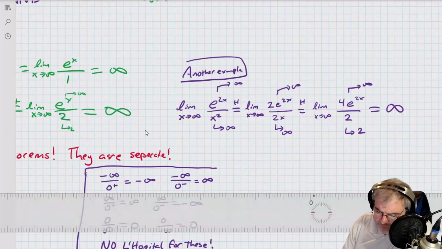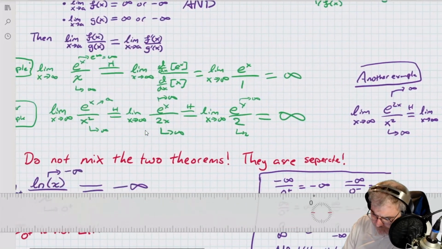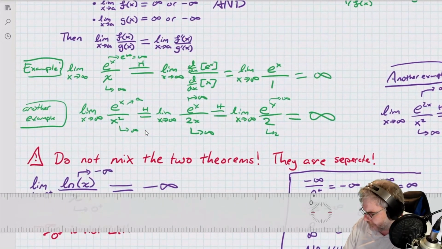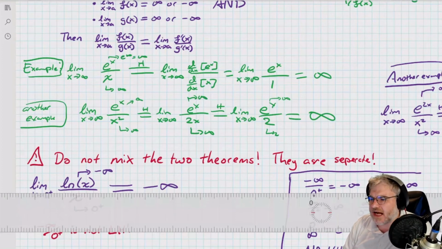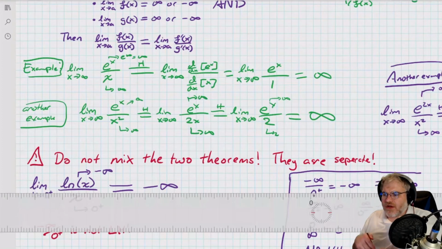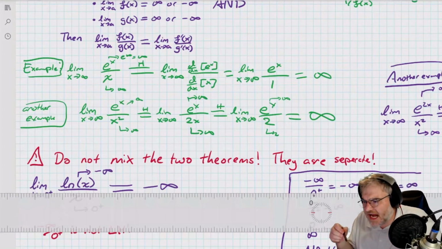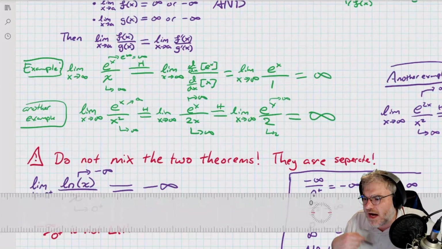So I wound up with infinity over infinity. I can go again and again and again. Yeah. Now, you have to be careful because you can get stuck. All right? If I wind up getting stuck, I need to do something else.